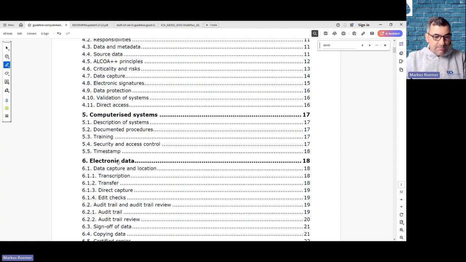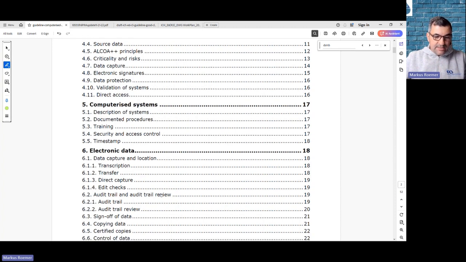So this is very important: electronic data, data capture, transcriptions, the transfer. This guideline also takes into consideration different solutions. So eCRF on paper, or is it electronic? Is there a transcription needed, double data entry, and all that sort of stuff, edit checks, direct captures, and so on.